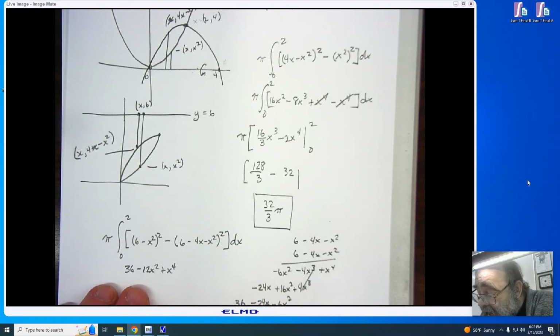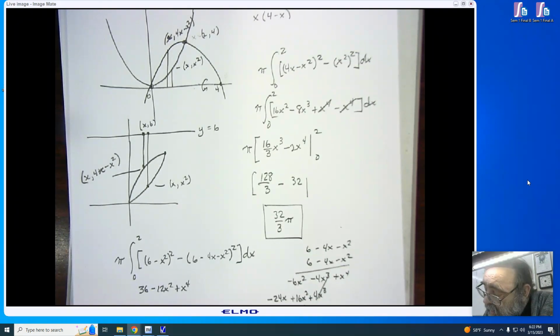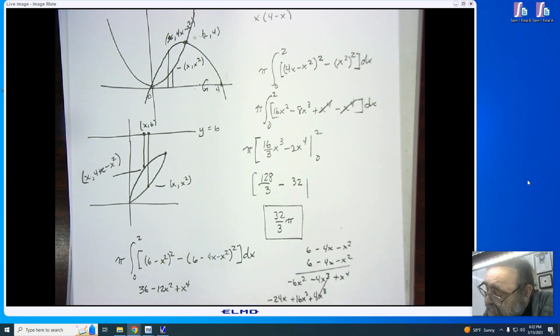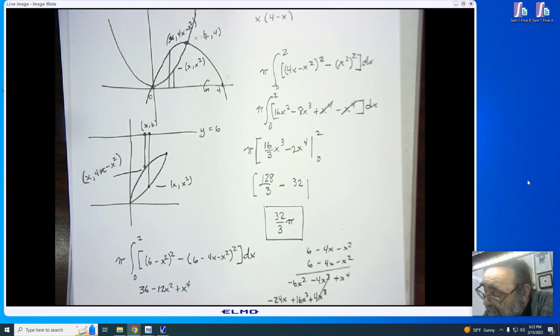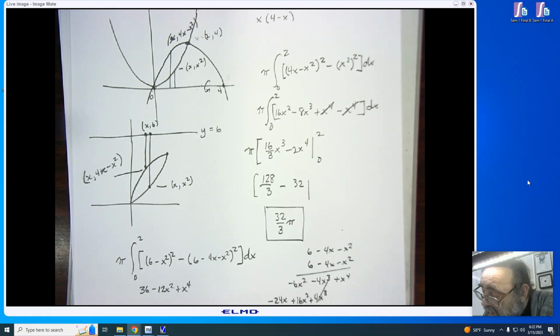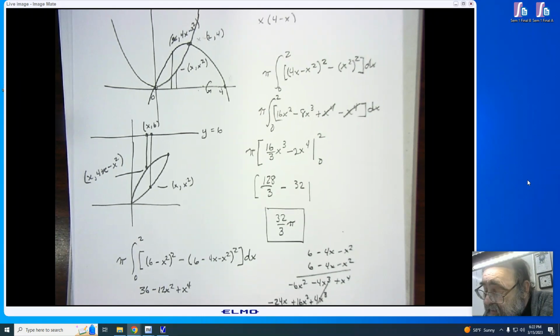And now I'm going to add 36 minus 12x squared and a positive x to the fourth. Those cancel. 36 cancels. So I've got 48x minus 16x squared. And this is from 0 to 2.